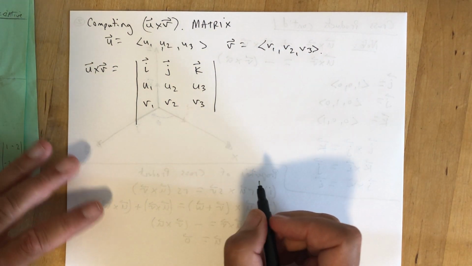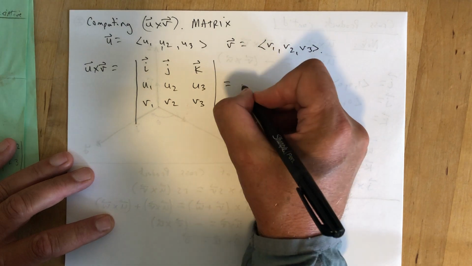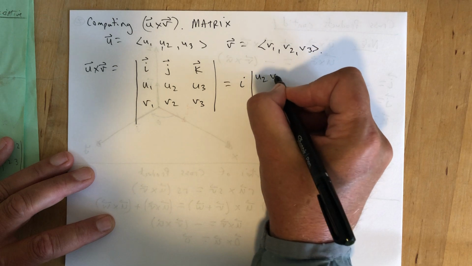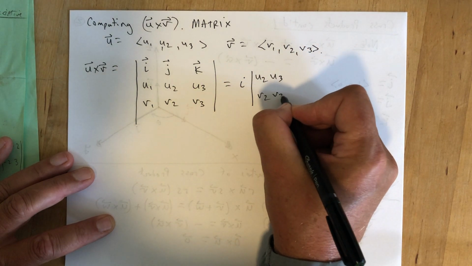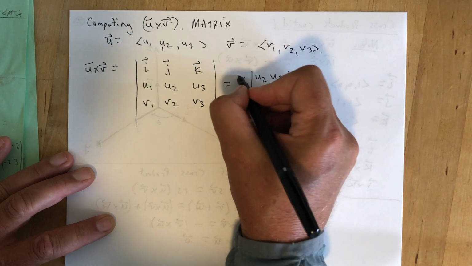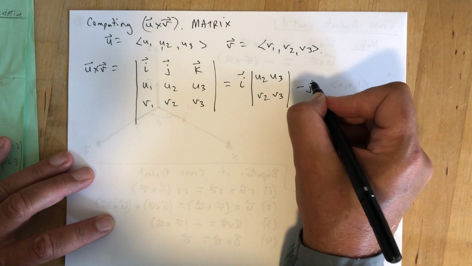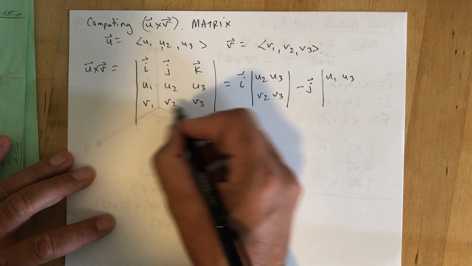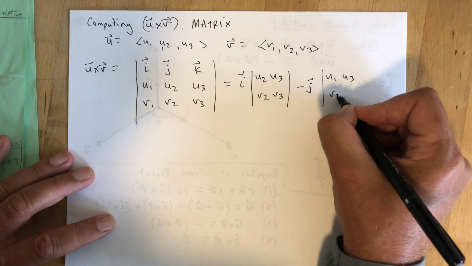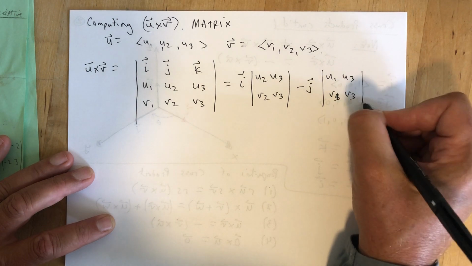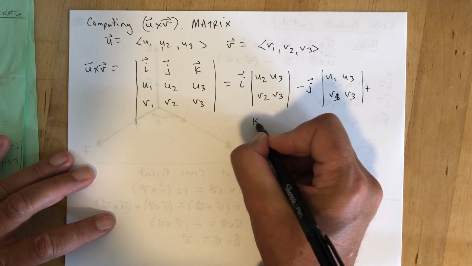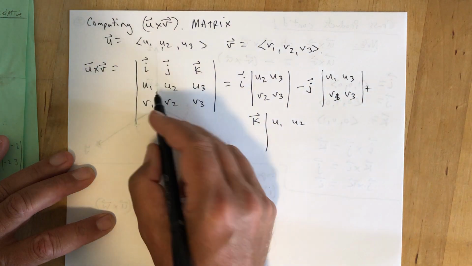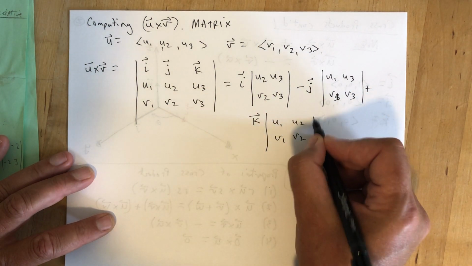And these straight bars say you compute the determinant, which is just you take i times the determinant of u2, u3, v2, v3, minus j times u1, u3, v1, v3, oops, that should be v1, v3, plus k times u1, u2, v1, v2.